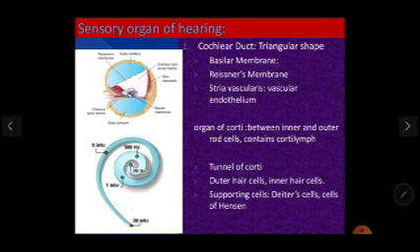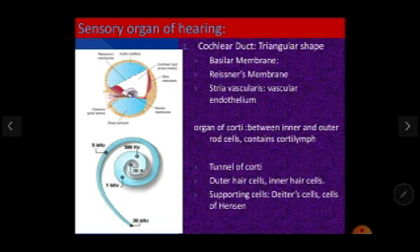And remember, the osseous spiral lamina, this is the basal turn, for example. The osseous spiral lamina is thicker in the basal turn, but it becomes thinner in the apical turn. So similarly, the basilar membrane becomes thinner in the basal turn, and it becomes thicker or longer in the apical turn.